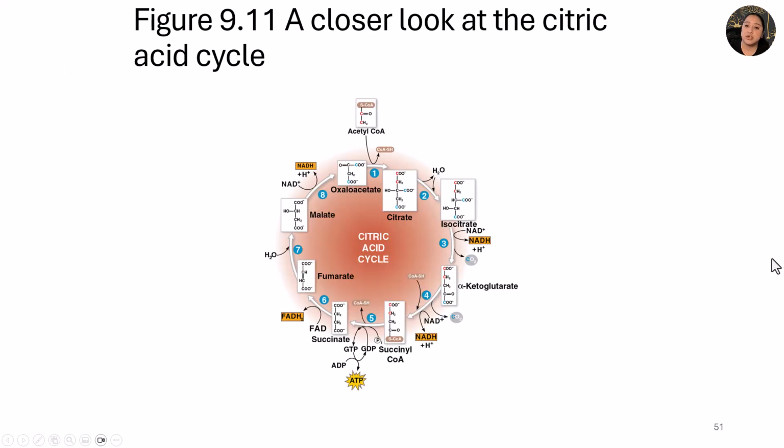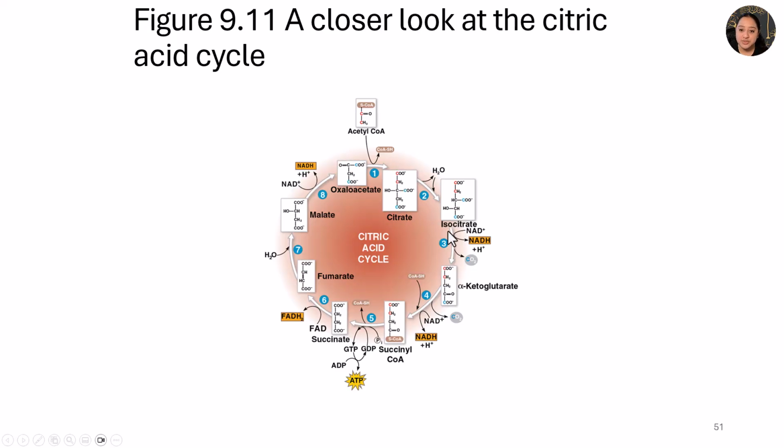So here's a figure with some more details, a closer look at the citric acid cycle. So this is acetyl-CoA. And each one of these steps is catalyzed by a different enzyme. So acetyl-CoA combines with oxaloacetate and makes citrate.